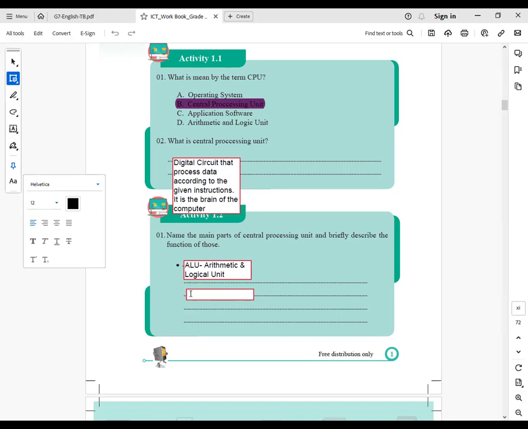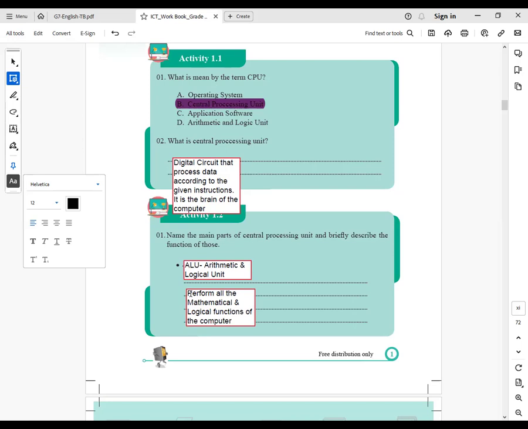Yes. Perform all the mathematical and logical functions of the computer.